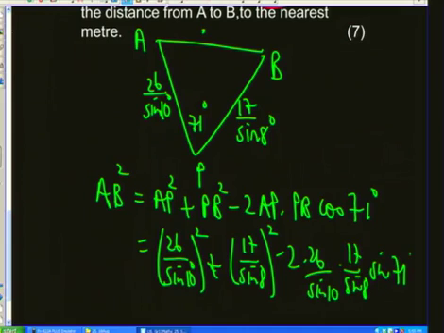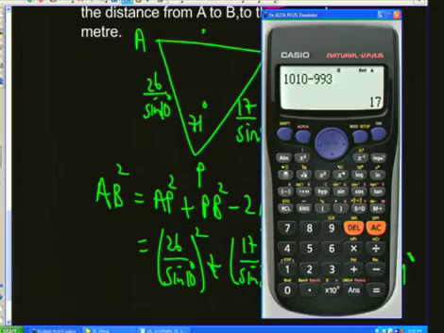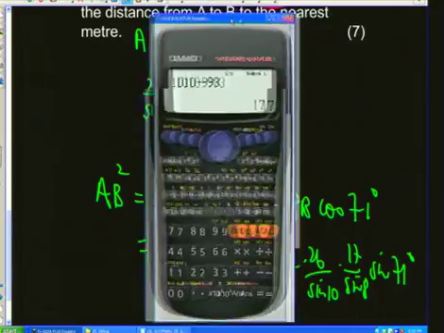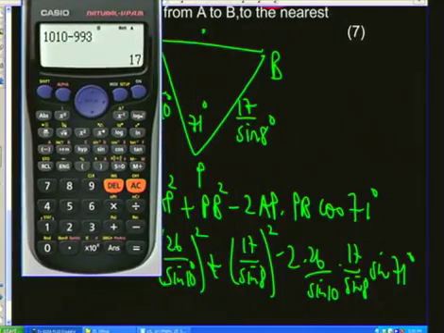cos 71. Right, let's put that all into our mathematical blender and let's see what we get. So we have bracket 26 divided by sine 10, bracket. We're going to square that. We're going to add bracket 17 divided by sine 8, bracket.